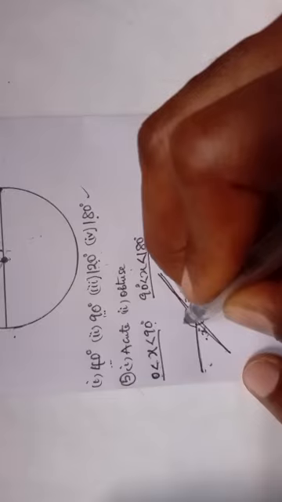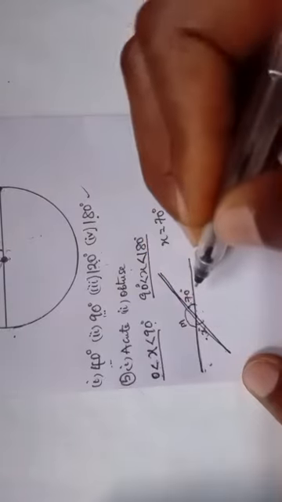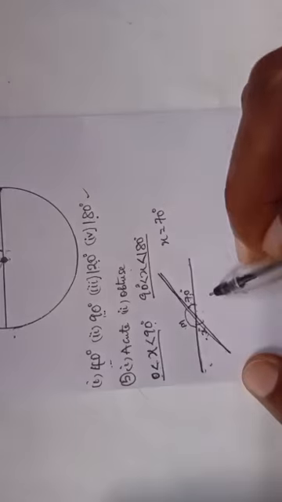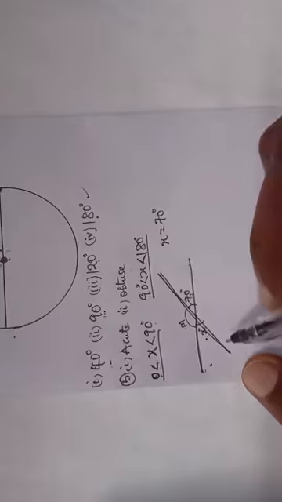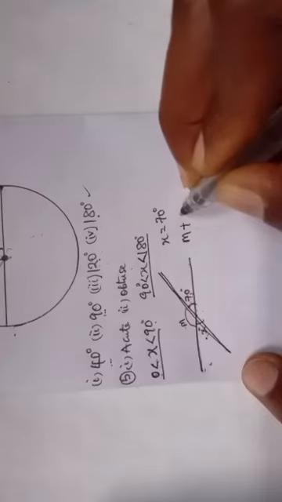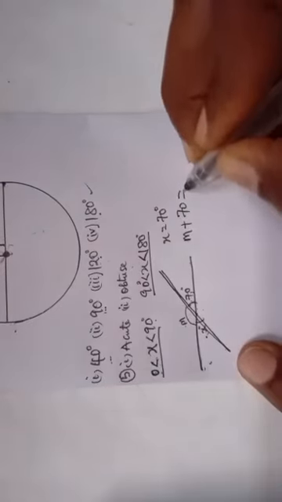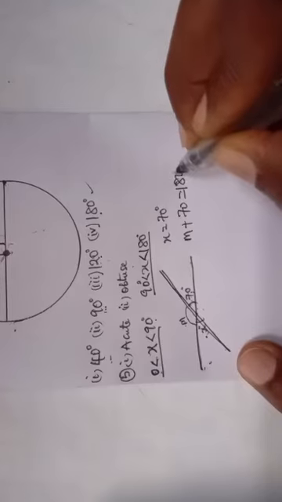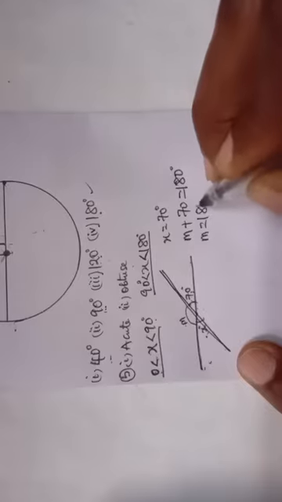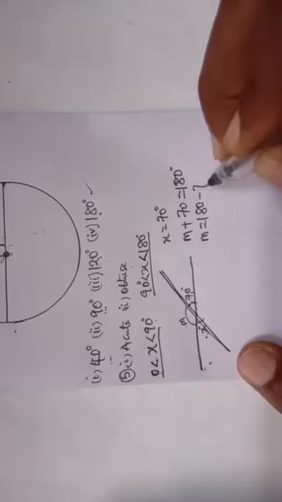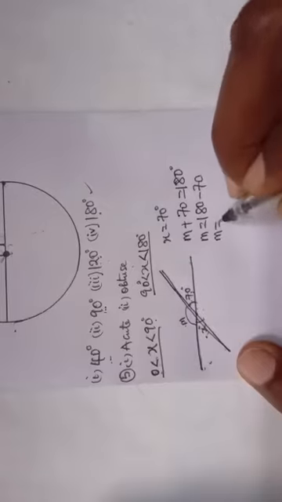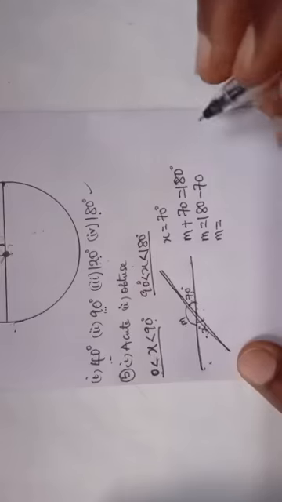So I can call this angle M. Sum of M and 70 should give me 180, because the sum of angles on a straight line is equal to 180 degrees. So M plus 70 is equal to 180 degrees. So M is equal to 180 minus 70. Therefore, M is equal to 110.